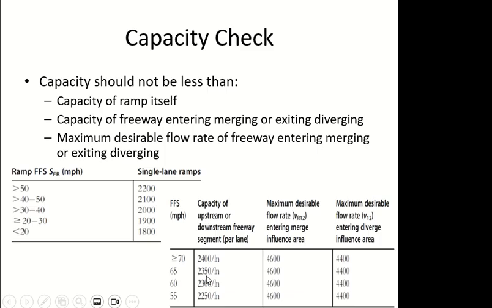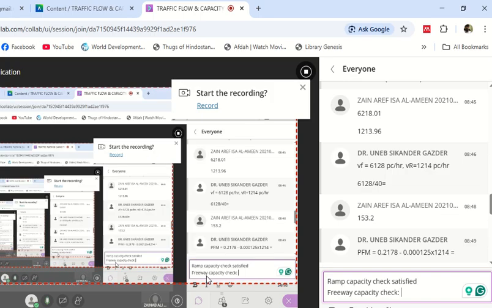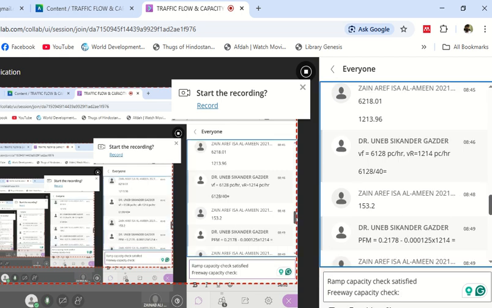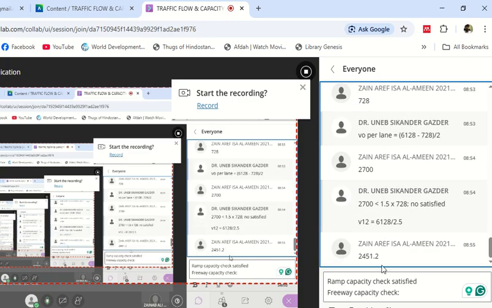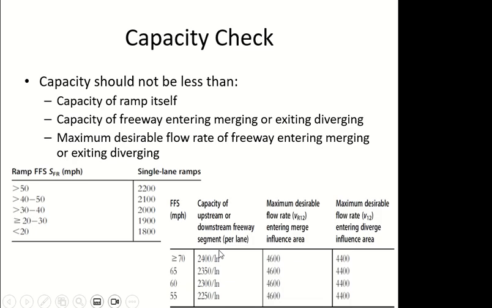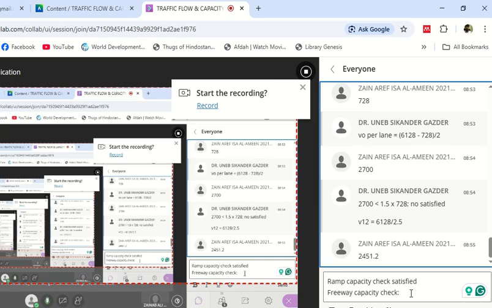Any per lane volume. Now the outer per lane, you calculated the inner per lane. The V12 is 2451. If I divide it by 2, I will get 1200 something. So less than 2350, no problem.